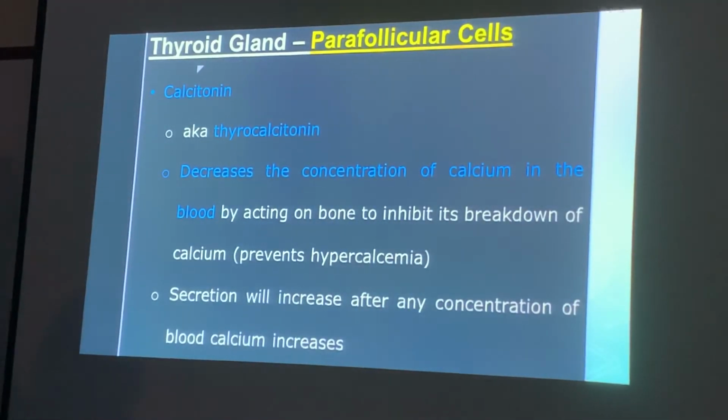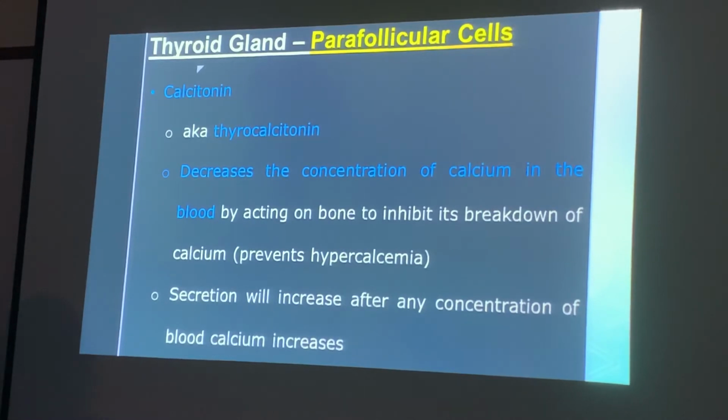Key word for that meaning calcium, dealing with calcium in the body. Calcitonin, also known as thyrocalcitonin, guys. It actually decreases the concentration of calcium in the blood by acting on the bone to inhibit its breakdown of calcium. So it actually prevents hypercalcemia.